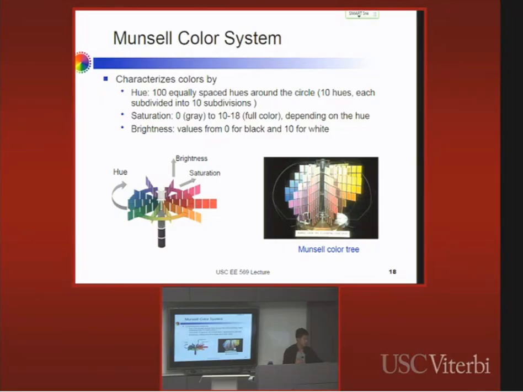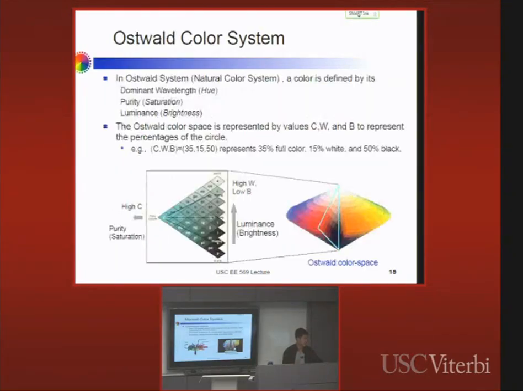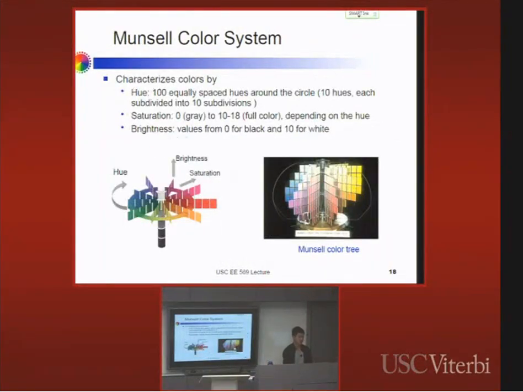The difference between this Munsell color system and the second one, the Ostwald color system, is the way the color space is modeled. This one is modeled as a 3D cubic structure.